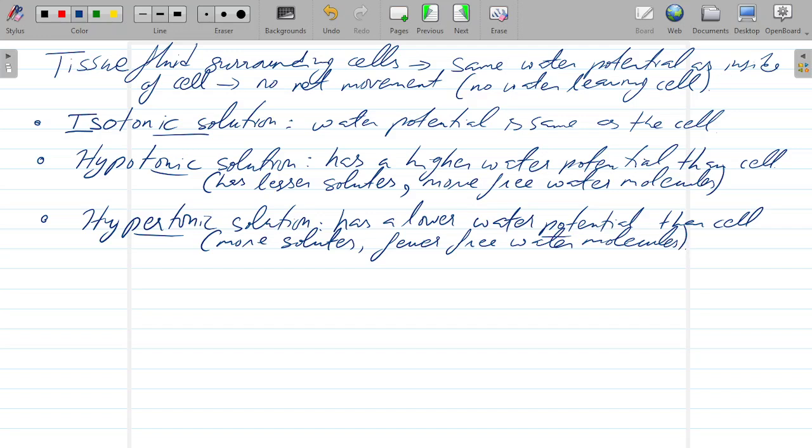Is the difference between these three types of solutions clear?